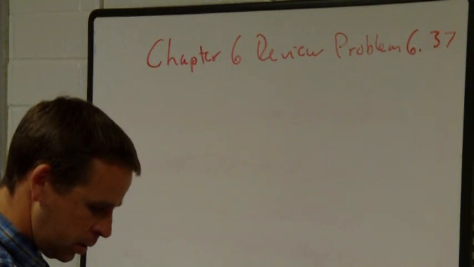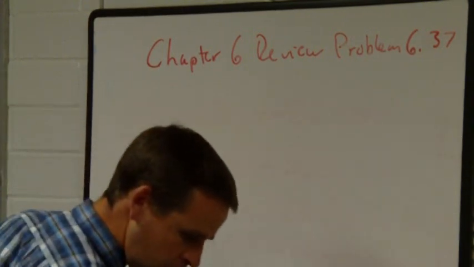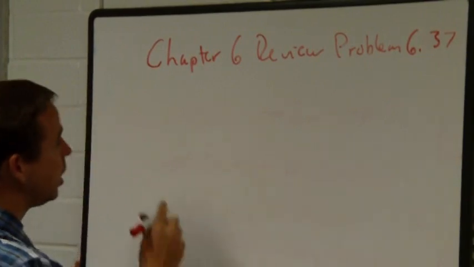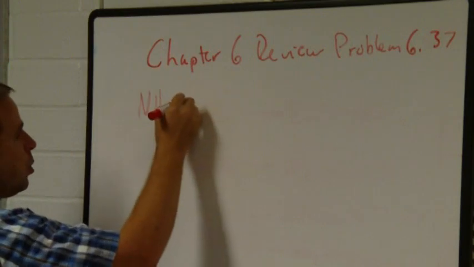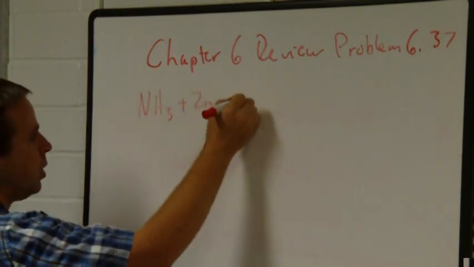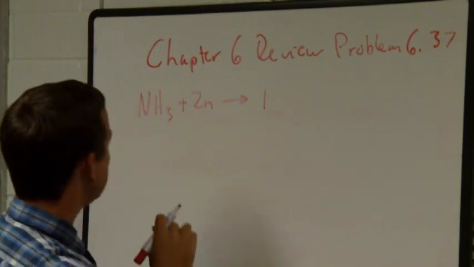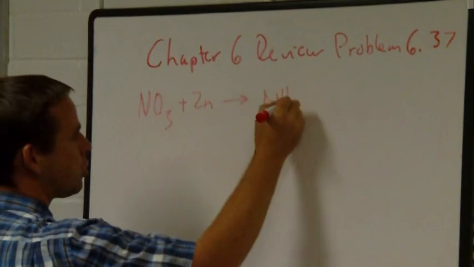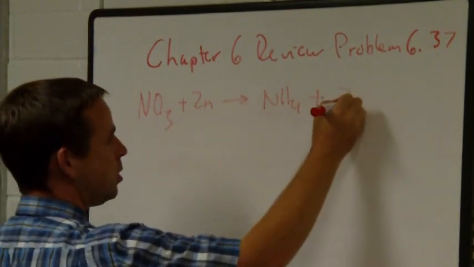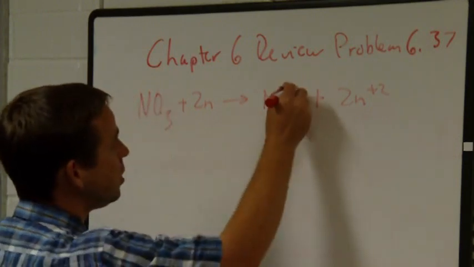637E. Nitrate ion, zinc ion, ammonia, zinc metal, zinc ion. So ammonia, NH3 plus zinc metal going to, what did it go to? Oh, no, not ammonia. NO3 minus, nitrate, going to NH4 plus and zinc ion. And this NH4 has a plus.